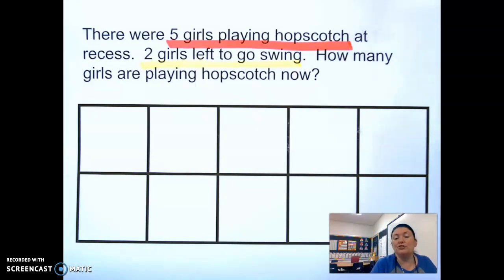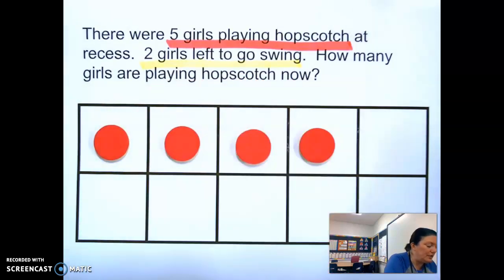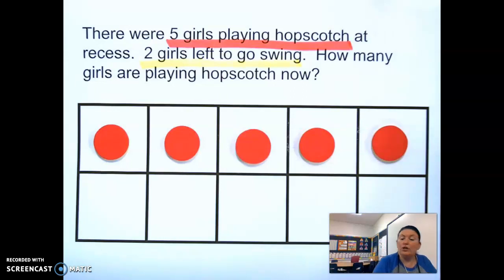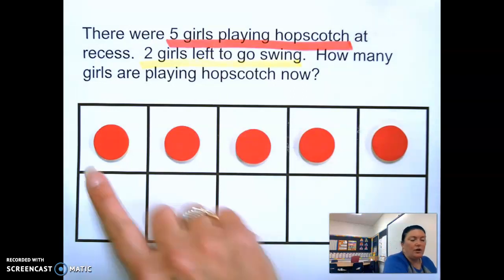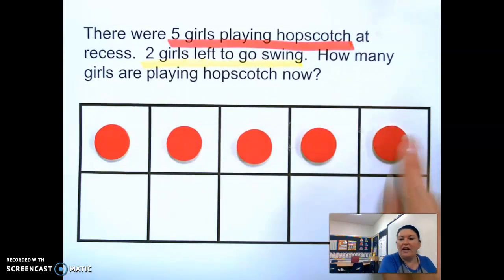So in order to solve my word problem of differences within 10, I'm going to represent that problem with counters. So I'm going to start with my 5 girls playing hopscotch. Now, you'll notice that Miss Langford did not go through and say 1, 2, 3, 4, 5.